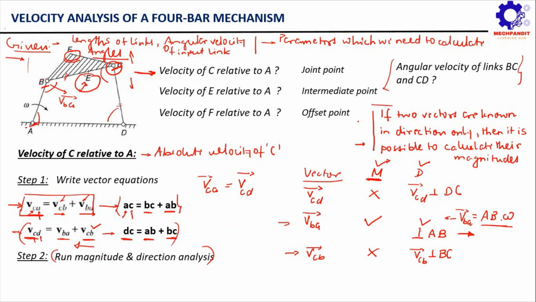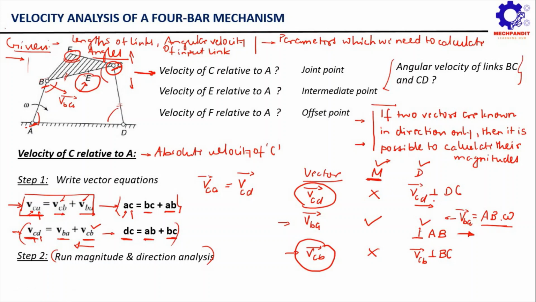So this rule we will apply while drawing the vector diagram to find out the magnitudes of two vectors which are known in direction only. Now let's see here, if you observe carefully this vector table, we can see that these two vectors, the VCD vector and the VCB vector, are known in directions only.